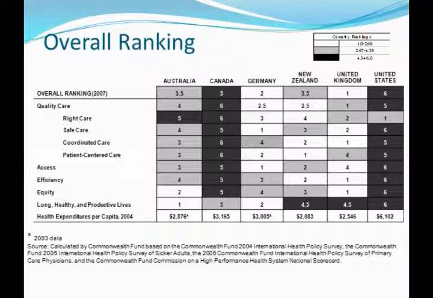While right care can be delivered, it doesn't facilitate within that environment safe care or coordinated care or patient-centered care, access, efficiency, equity, all of those things that we don't have structures to specifically ensure, but the clinicians at least are doing a good job in the care that they're delivering.